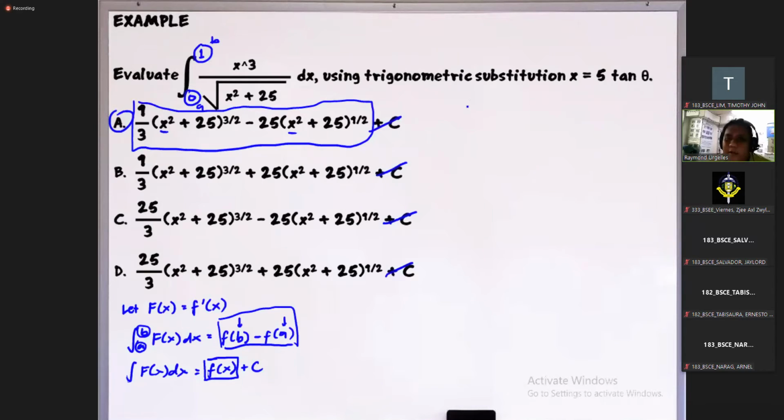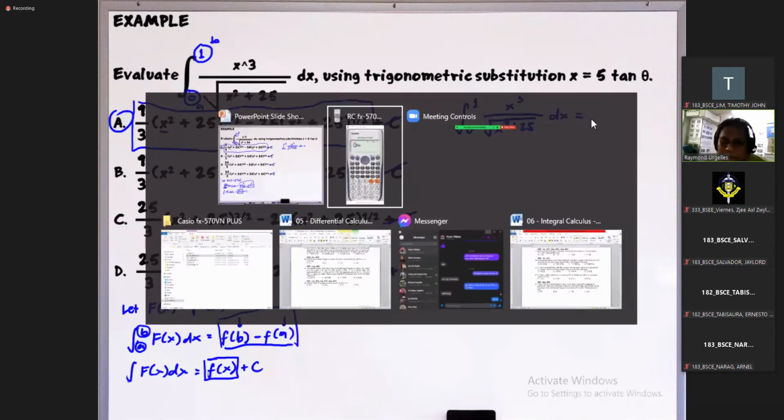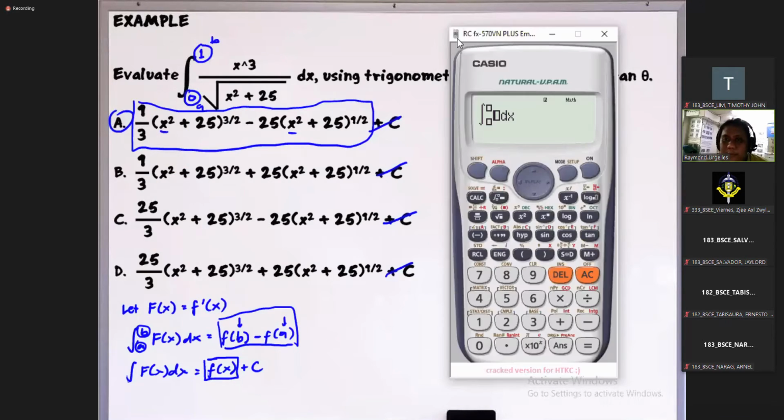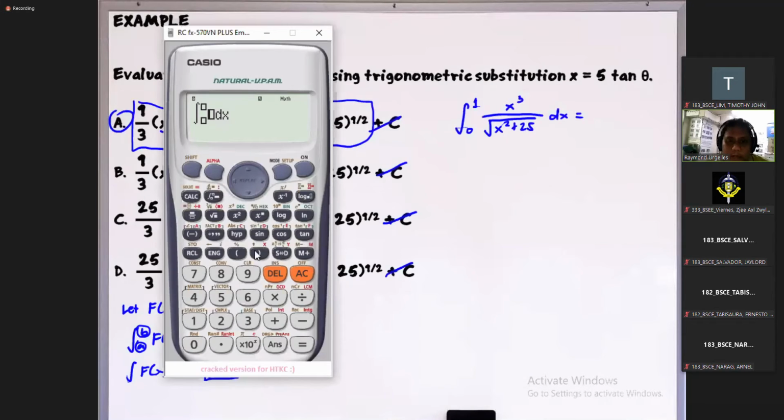Diba? So first, let's solve the integral. So integral from 0 to 1 ng x to the third power divided by square root of x squared plus 25, then this is dx. No? So try natin i-solve sa calculator. Okay. So we have integral of x cubed divided by square root of x squared plus 25, from 0 to 1.